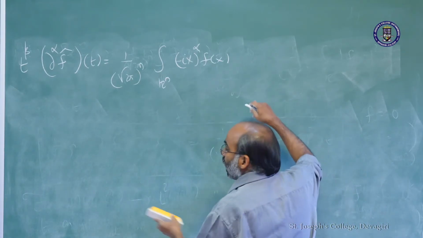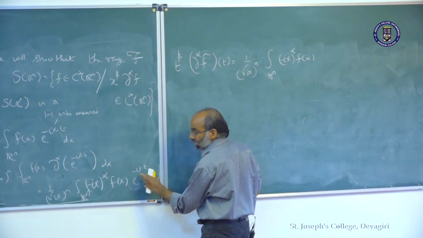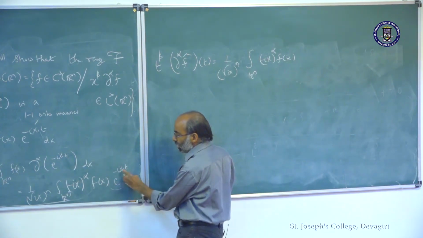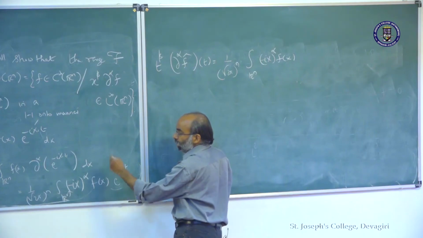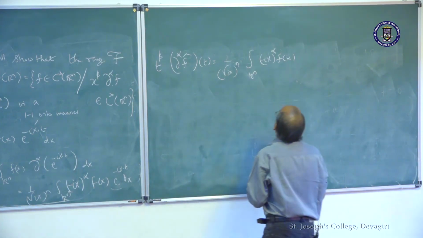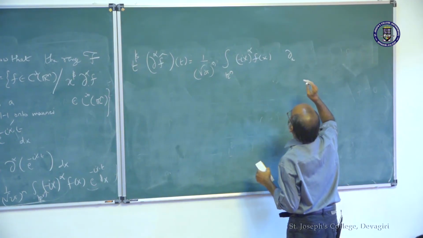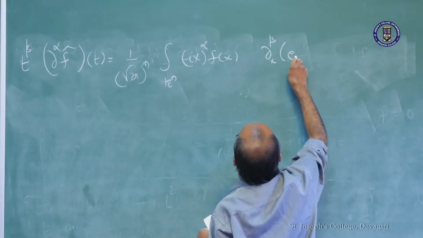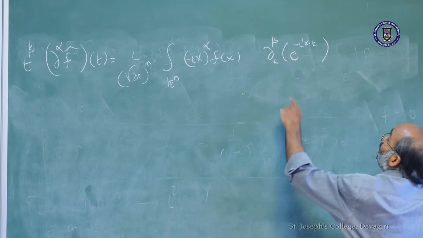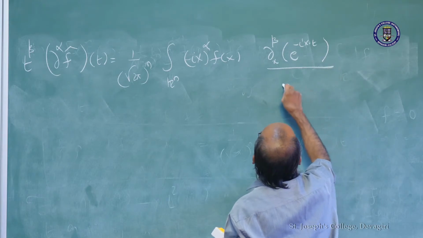You differentiate this with respect to x beta times, you will get t to the beta. Remember, if I put a d by d x1 with respect to x, I will get a t1. Similarly, if I take alpha 1, alpha 2, up to alpha n, and put d alpha with respect to x, I will get a t to the alpha. So, this I can write as the partial derivative with respect to x, beta times, of e to the minus i x dot t. Well, each time I differentiate, I get a minus i also. So, strictly speaking, I should divide it by minus i to the beta.